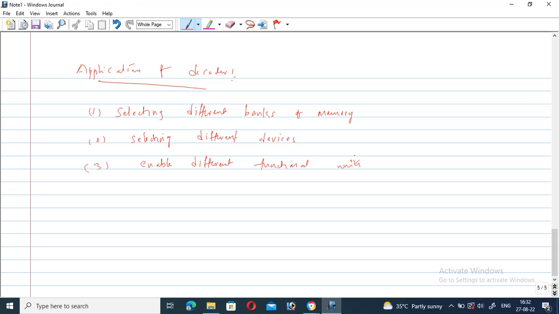It is used in memory chip applications: enabling different rows of memory depending on the address. Okay, these are all the possible applications of decoders.